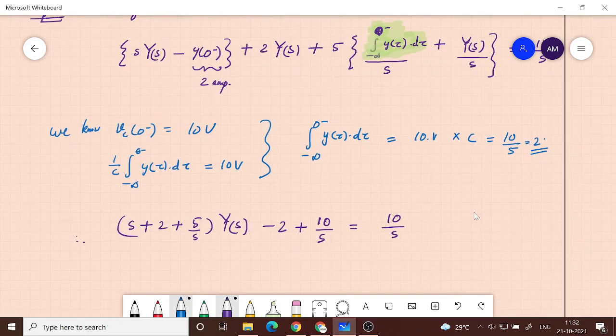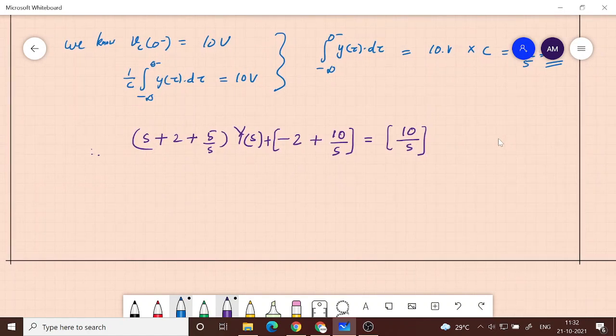So these two terms are initial conditions. These are due to initial conditions, and this is the input applied. If I want them separately, I have to segregate them and keep them separate. So therefore, S plus 2 plus 5.